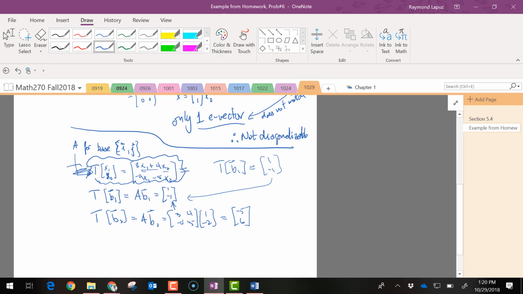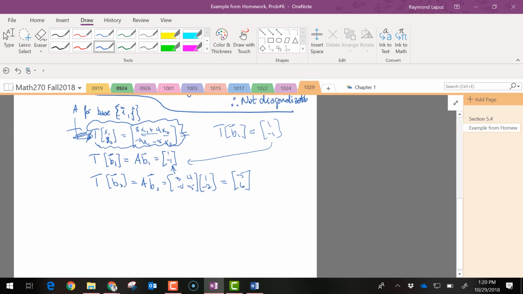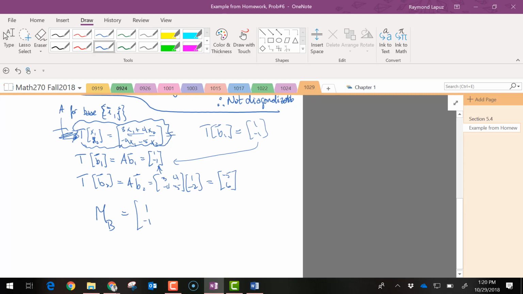My output is 1, -1 for b1, and for b2 I get -5, 6. So the matrix we're looking for, for my new basis B, has these as its column vectors: T of b1 and T of b2, which is -5 and 6.